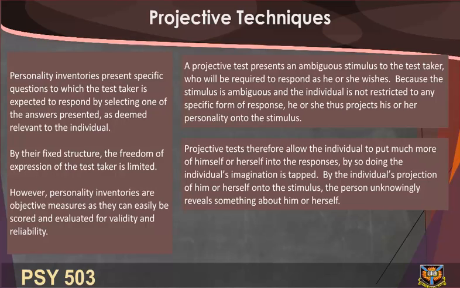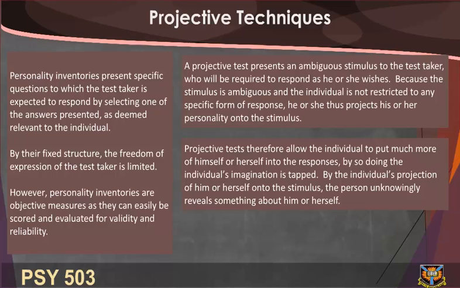A projective test presents an ambiguous stimulus to the test taker, who will be required to respond as he or she wishes. Because the stimulus is ambiguous and the individual is not restricted to any specific form of response, he or she does project his or her personality onto the stimulus.